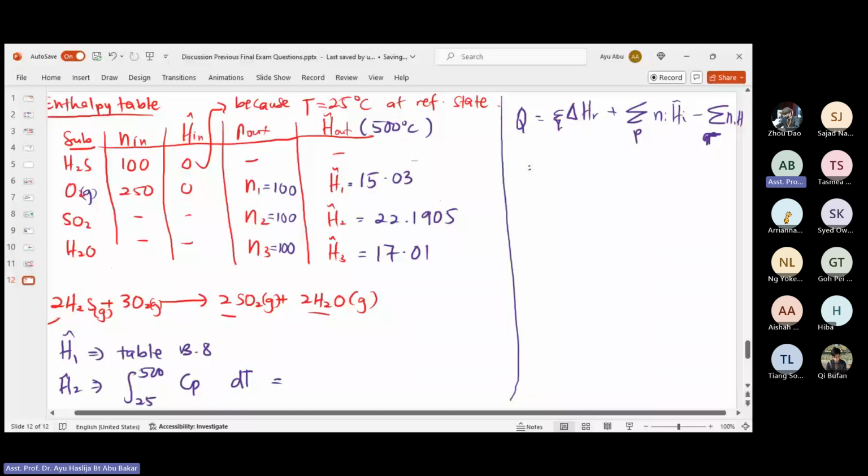Final values, we should be getting this.